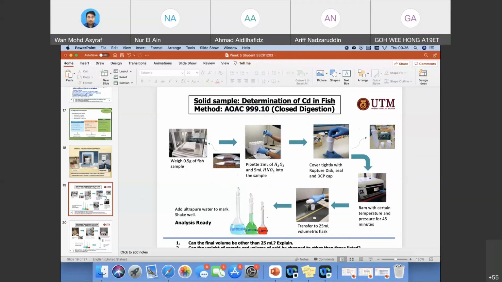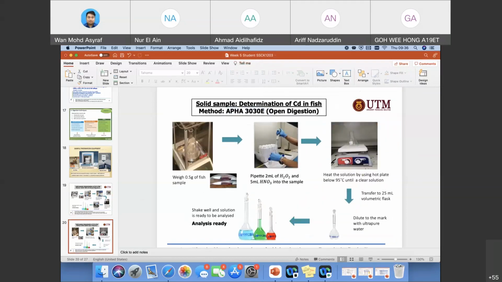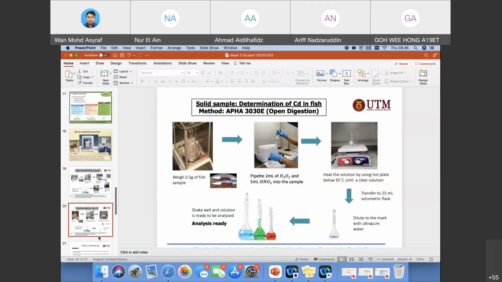How about when we don't have the microwave? So this is the method for an open digestion method. You just place it onto the hot plate and stir it so you can straight away do the digestion.